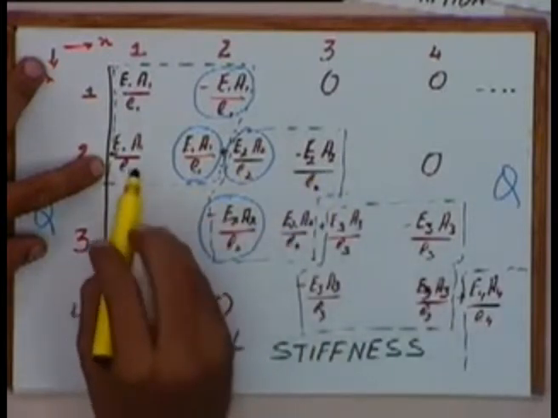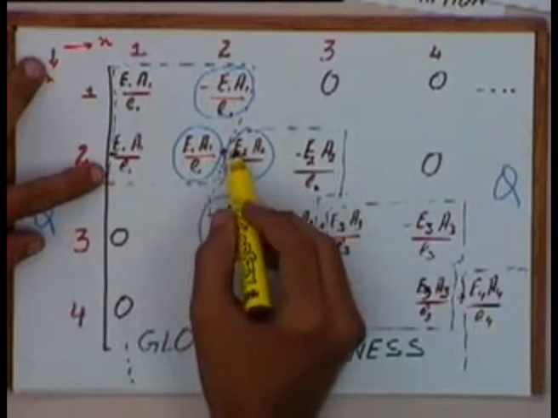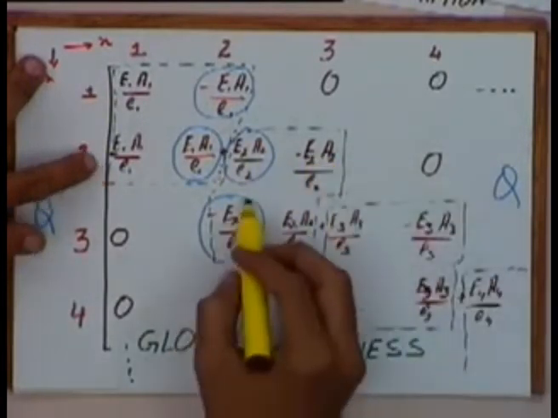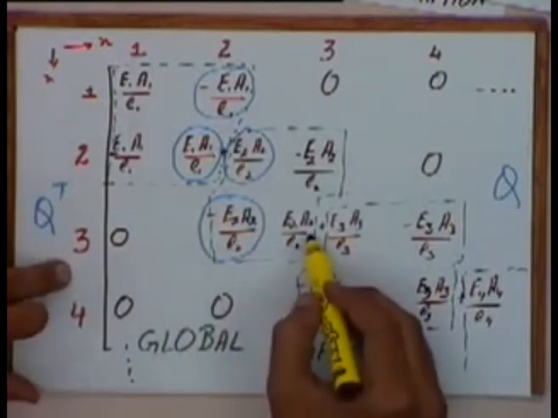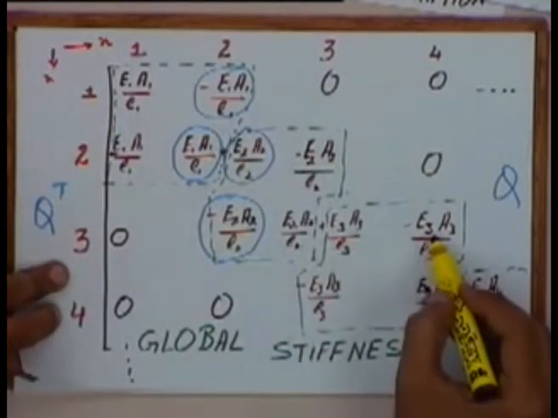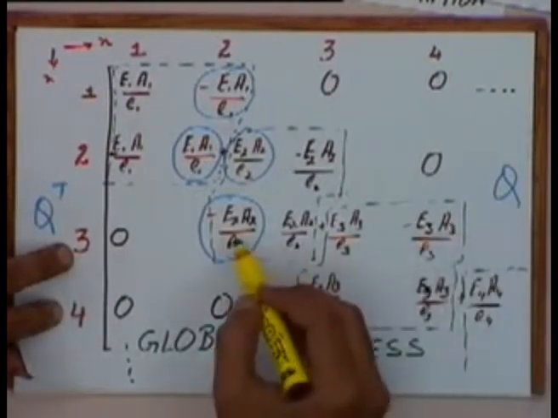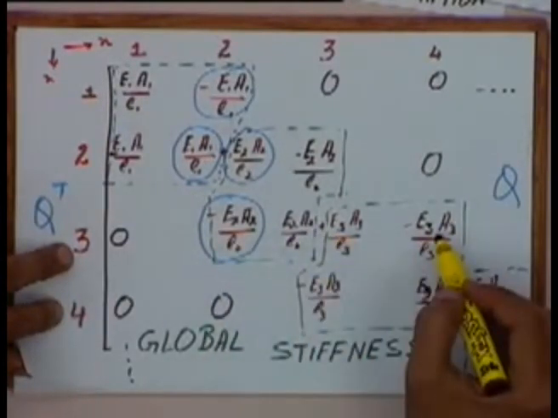If you notice here, element 1 is between 1 and 2, 2 is between 2 and 3. So between 2 and 3 I have element 2, between 3 and 4 I have element 3. If I take up the third row, I will find non-zero terms only in locations 2, 3 and 4.